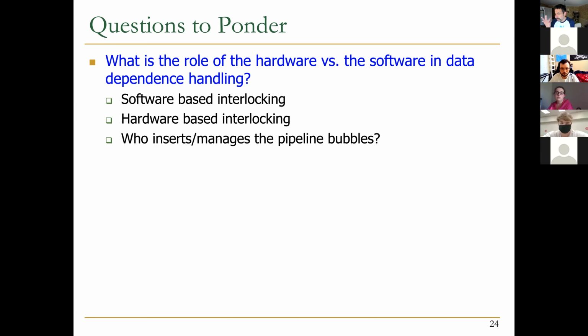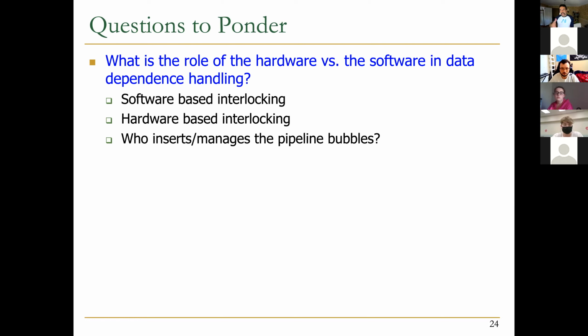And there are some nuances that you can think about. For example, the compiler needs to take care of handling this dependency. You remember we discussed these bubbles that need to be inserted between different instructions.